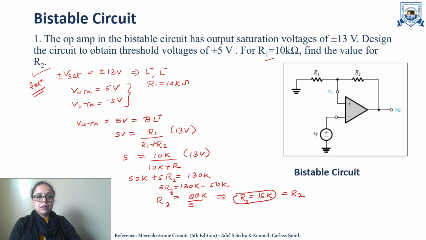In this way, if the saturation voltages are given, the value of beta can be calculated from this feedback path, and we can find the value of the other resistance also.